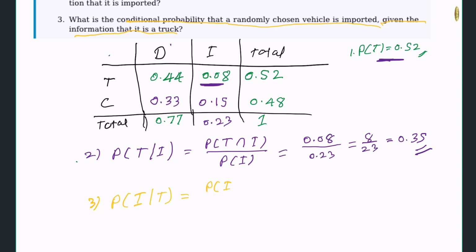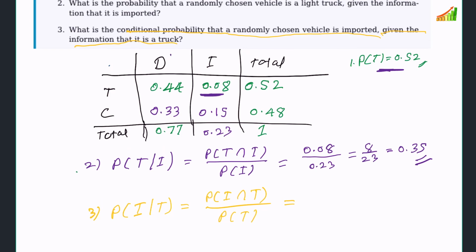Probability of imported and truck divided by probability of truck. Again, how do we find the probability of imported and truck? We know that already, but let me explain it again. We need the intersection. We consider the I column, this one, right? That is the I. Then consider the T, this one, and get the number at the intersection, which is 0.08.